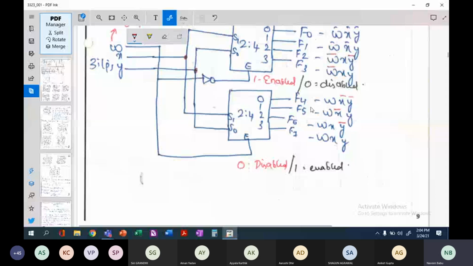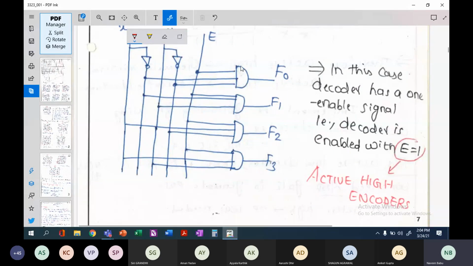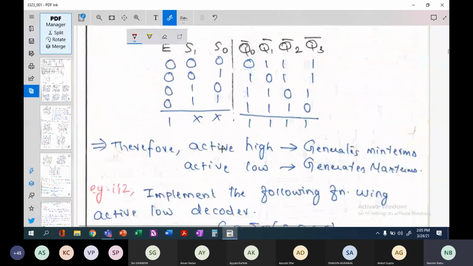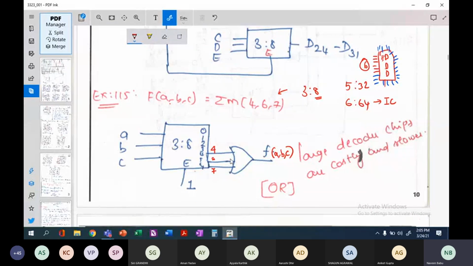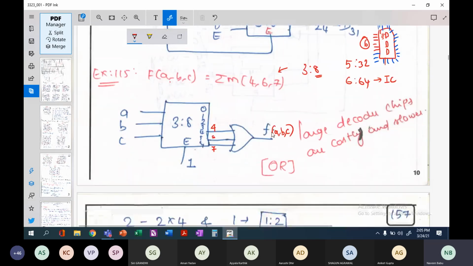Take this very simple 2x4 decoder: each AND gate here has 3 inputs including the enable signal. So if you have a 6:64 decoder, then you will have 7 inputs. Hence we said that it is not a viable option to always go in for larger decoder ICs.